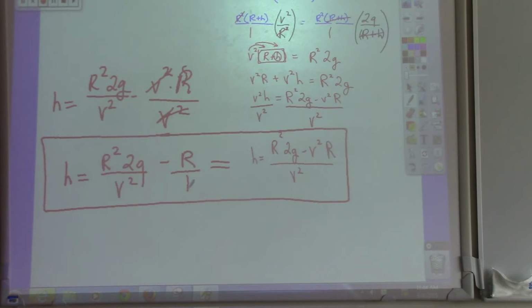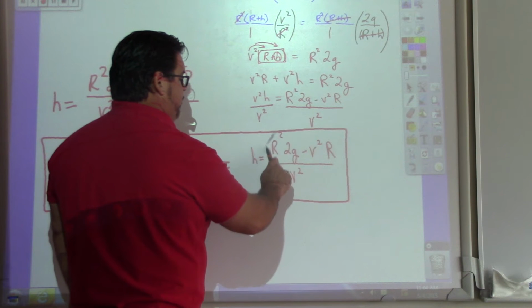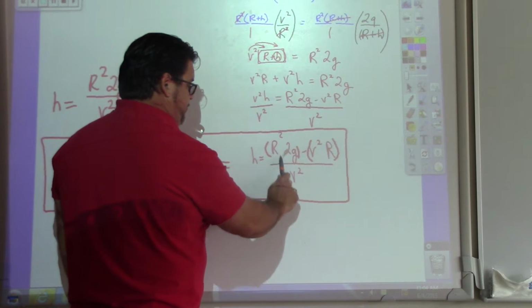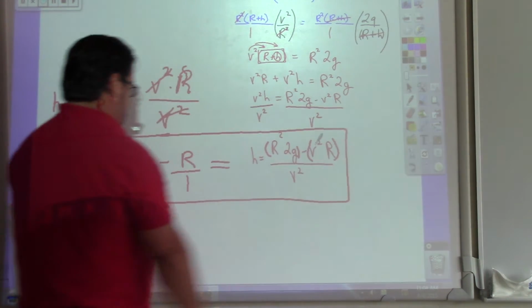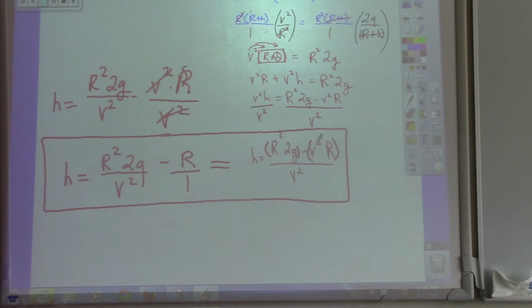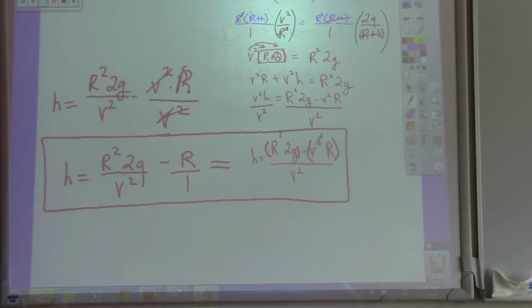And the only reason I didn't here is because I can't until I put both of these terms over one denominator. And then I can take, and that's what I did here. Either of these answers is fine. And if you did it on a test and you got it wrong, I'll give you points. Okay?